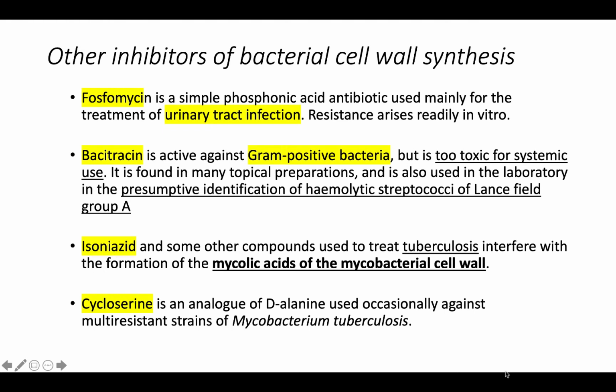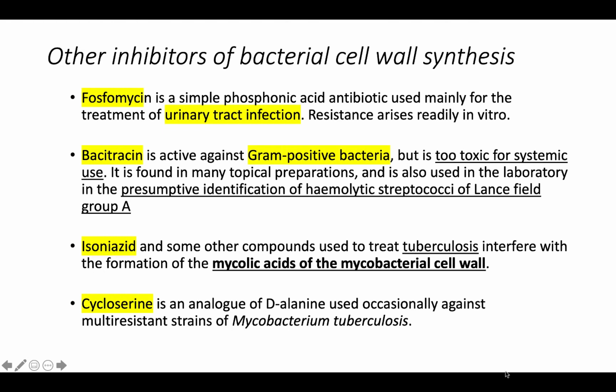The alpha hemolytics would be sensitive to bacitracin, whereas among the beta hemolytics, between the group A and non-group A, group A would be sensitive to bacitracin, and other beta hemolytics would be resistant to it.